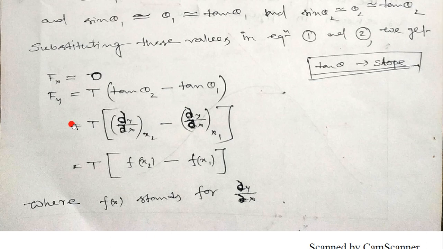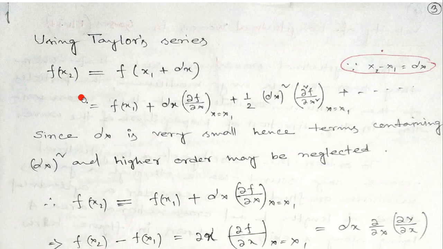So, total y directional force is equal to T (f(x2) minus f(x1)). The value of the function f(x) at x equal to x2, or slope at x equal to x2, may be obtained using Taylor series.